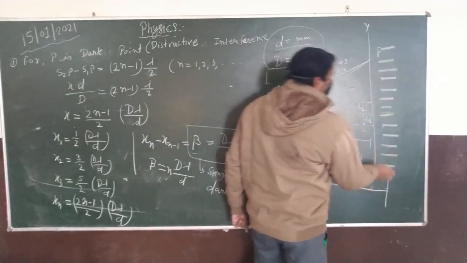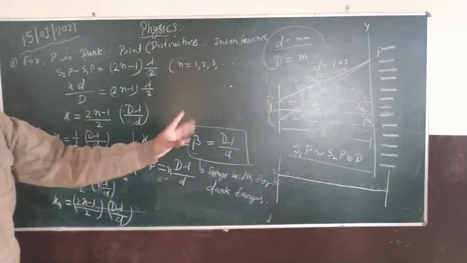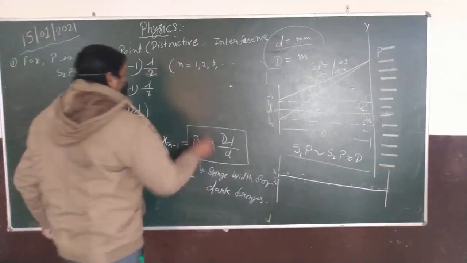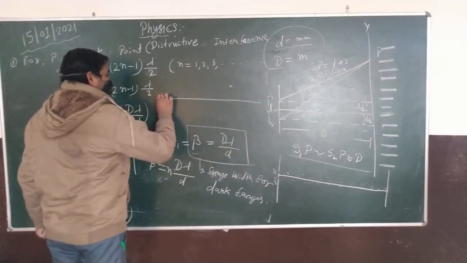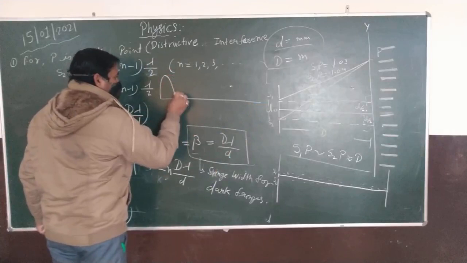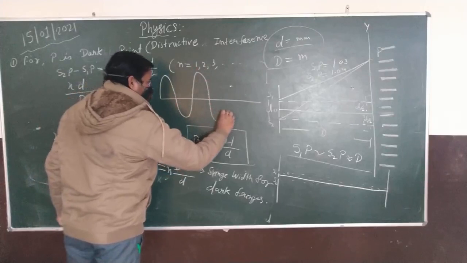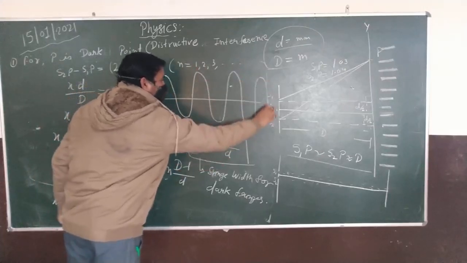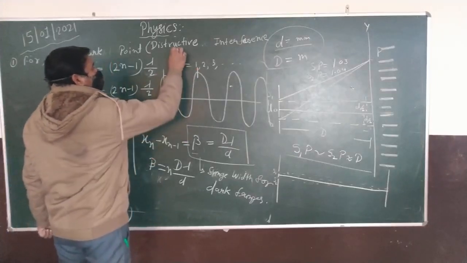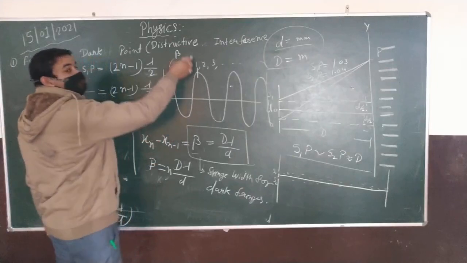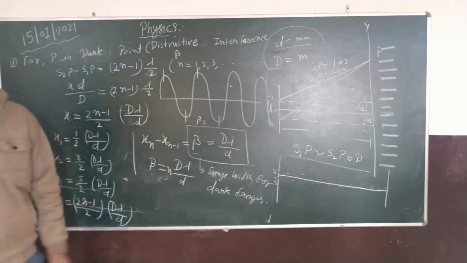These kinds of fringes are observed because the lambda of the source is the same, so the pattern of fringes reaching the screen is equally spaced downward and upward. This distance is called beta for constructive interference, and this distance is called beta for destructive interference.